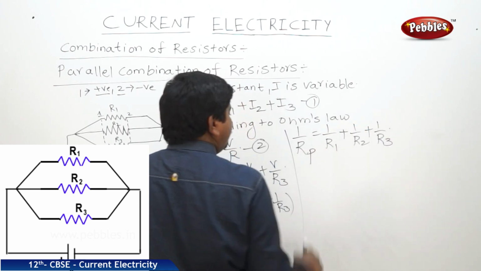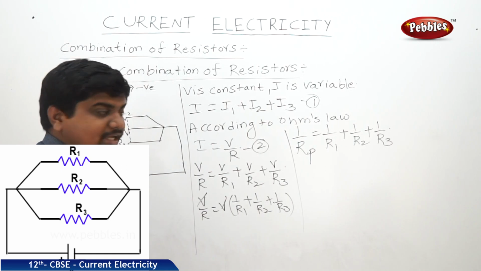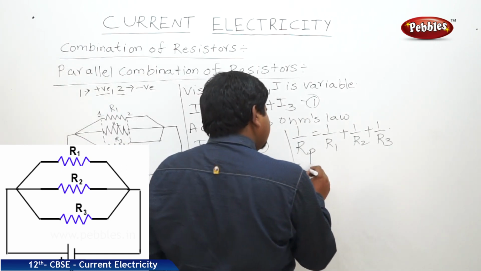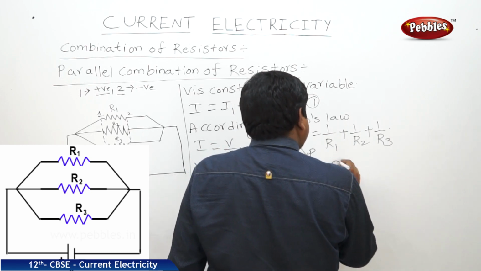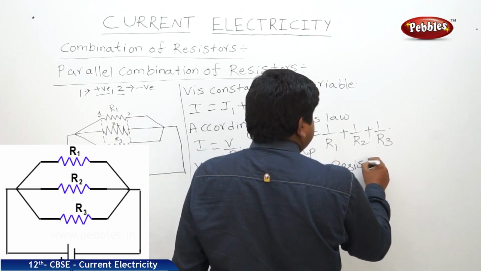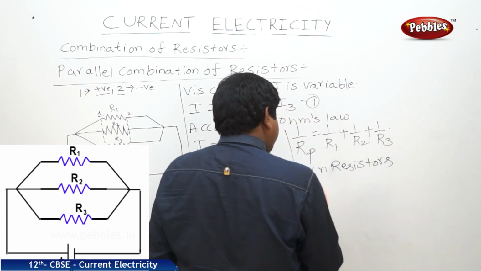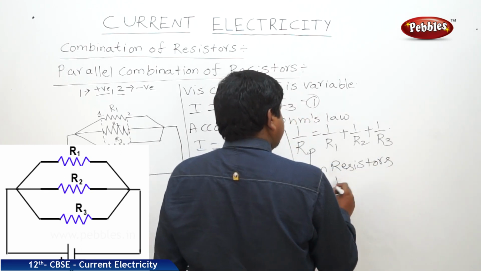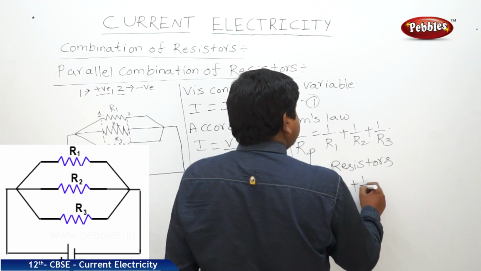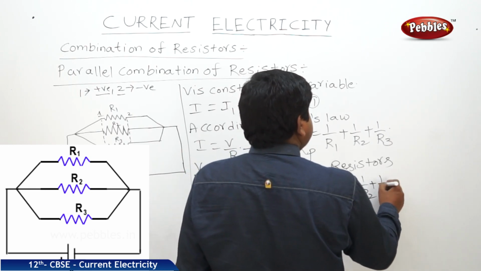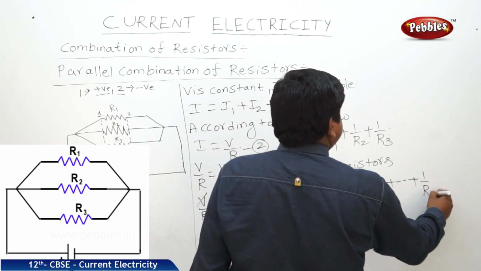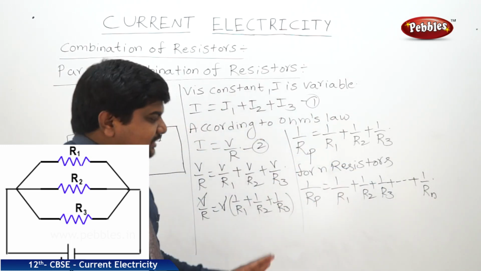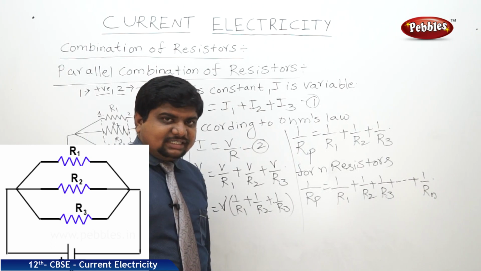We write this as 1 by Rp. For n resistors, 1 by Rp is equal to 1 by R1 plus 1 by R2 plus 1 by R3 and so on, 1 by Rn.